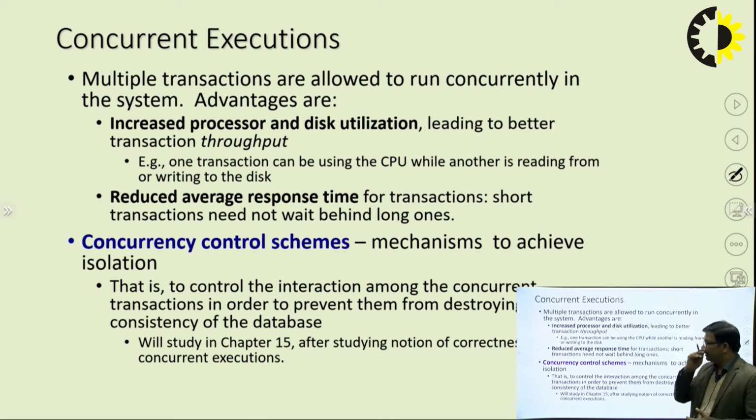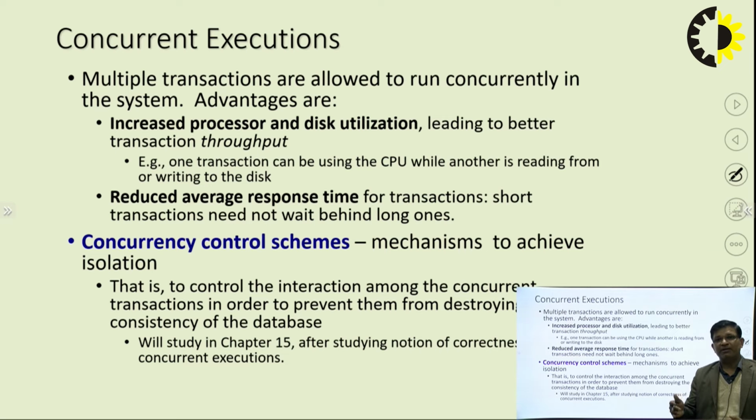This is called concurrent execution. It has the following advantages: the first is increased processor and disk utilization, and the second is reduced average response time. But there are many disadvantages of using concurrent execution. For example, there is a transaction T1 and a transaction T2 in a schedule. T1 wants to change the value of B and T2 wants to read the value of B, so there is a conflict.